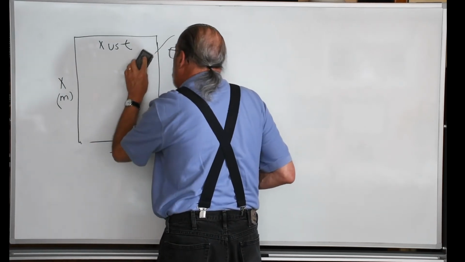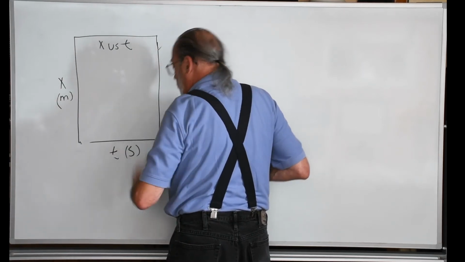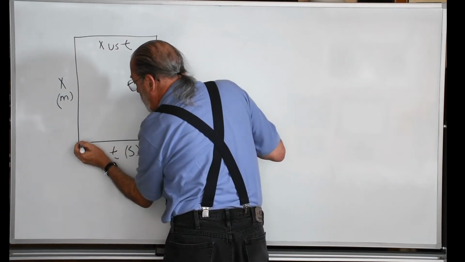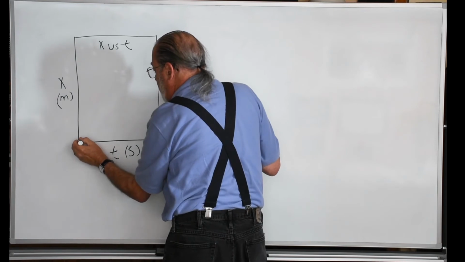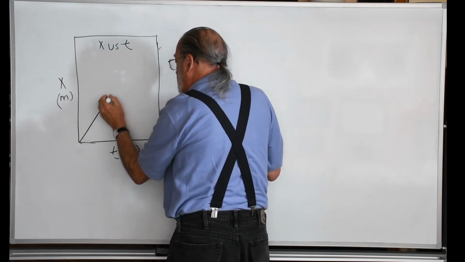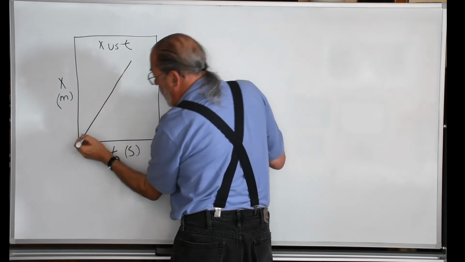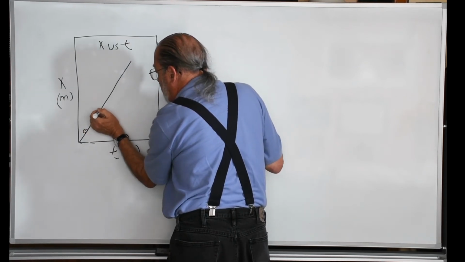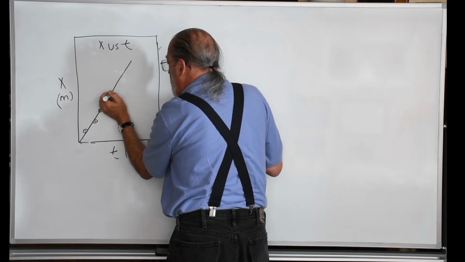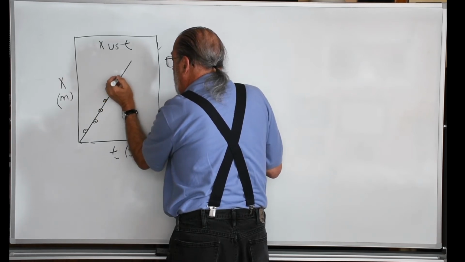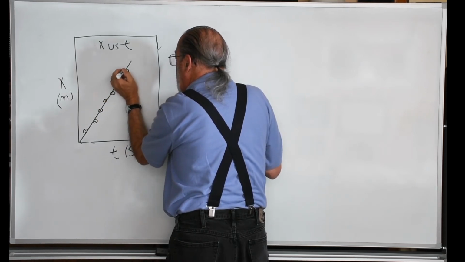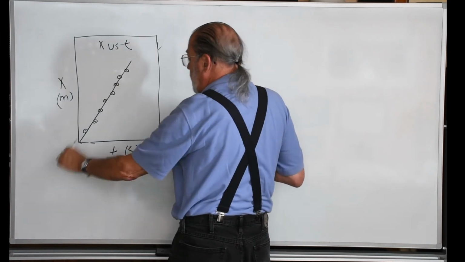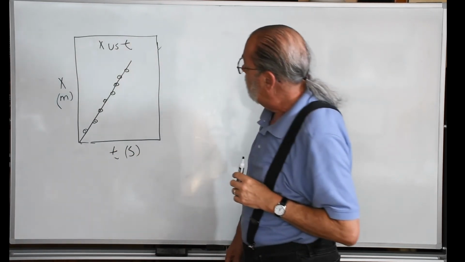I'll go at it backwards for the purposes of the instruction. Some points might be above, below, right on. It's hard to say, but a line like that best fits them.